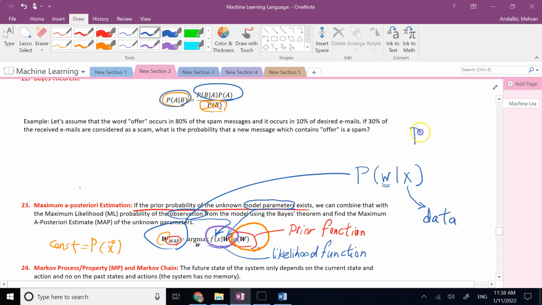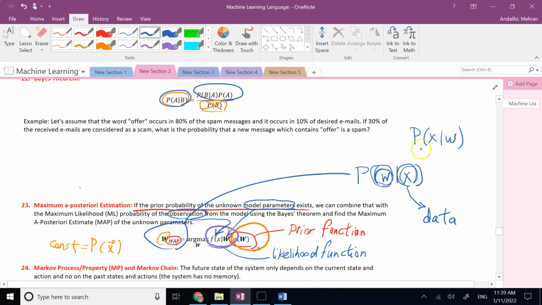In maximum likelihood, you maximize this one. What parameter can I choose to maximize the chance that the observation comes from the model? Here you are doing the opposite. You say, what is the model parameter that maximizes the chance that this model comes from, or was the reason for, such data?